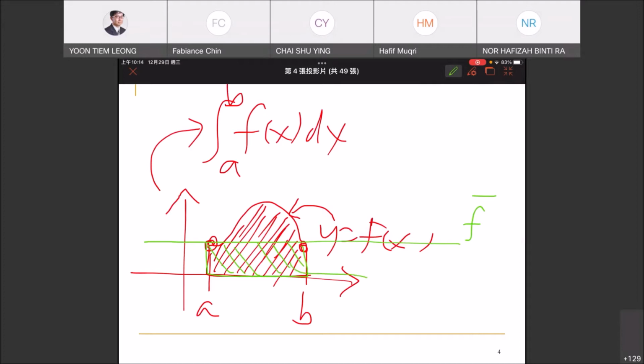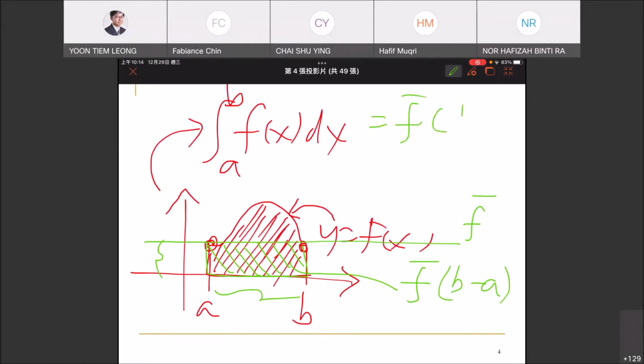So the area of this sketched region is just given by the height f bar, because f bar is supposed to be a constant, multiplied by the width, which is b minus a, and this is defined to be equal to the area.